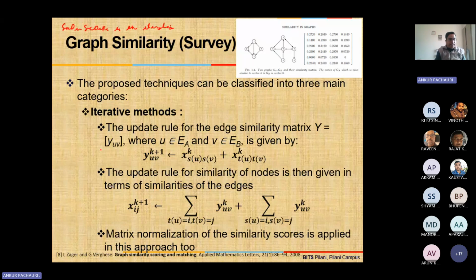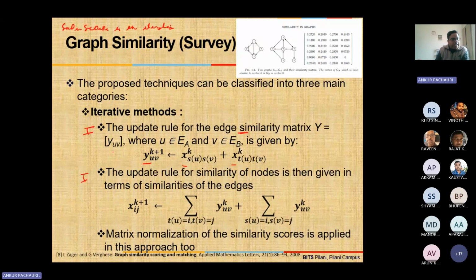Now, what is the criteria that they use? The update rule for the edge similarity was based on the node similarity. So using the previous iteration's node similarity, they update the similarity of edges. Now, how come?